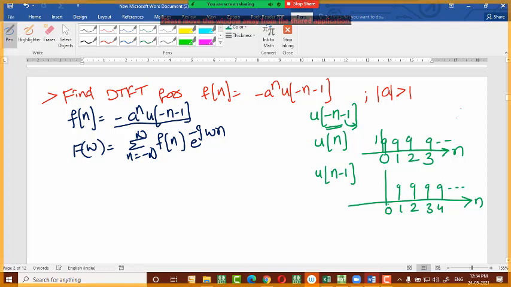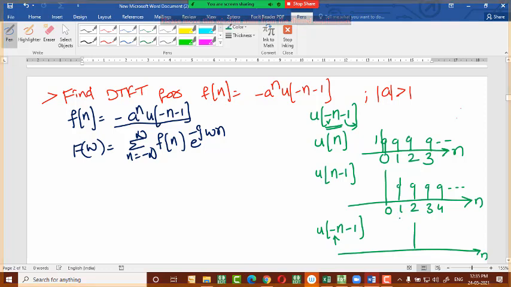Here there is no sample at n is equal to 0 now. Okay, then next is the time reversal, u of minus n minus 1. To get this time reversal, we have to rotate the signal with respect to the y-axis. In this signal, the samples are available from 1 to infinity.